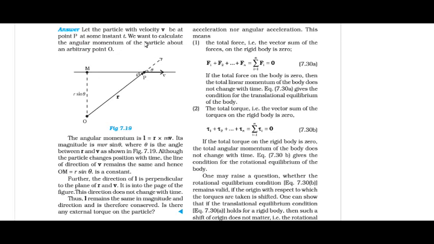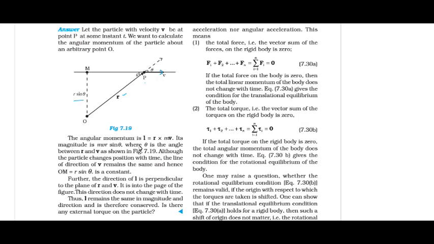We want to calculate the angular momentum of the particle about arbitrary point O. We have drawn this angle theta, this is point P, moving this side with a velocity v, and this is the position vector r, that is OP's distance r, and so OM is equal to r sine theta.